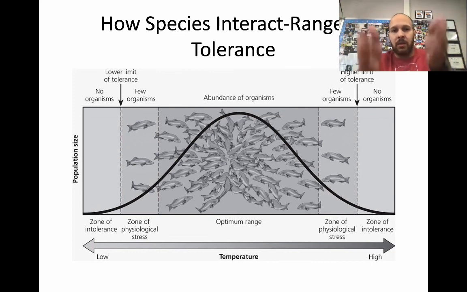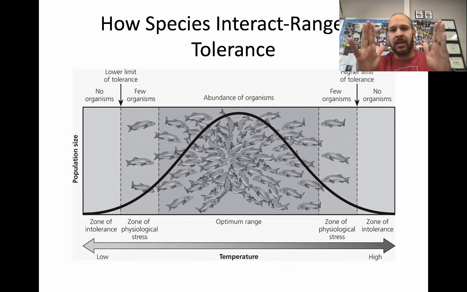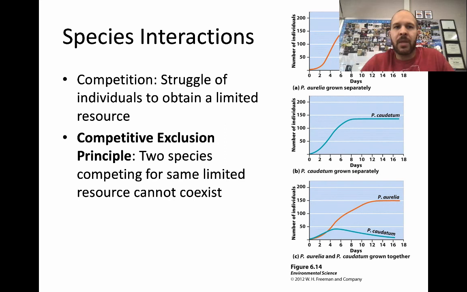The window could be a certain pH range, and you get too far out on the fringes, and you start to see animals die off, and then no animals exist. Temperature is the same thing. You can have pollution levels, nitrogen levels in the water. I mean, anything that's going to impact species, you can have a range of tolerance for, but that's what that is.